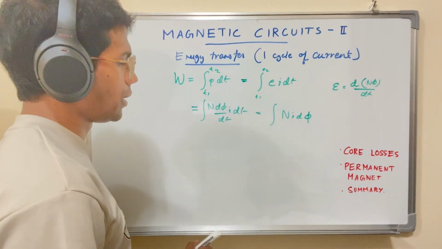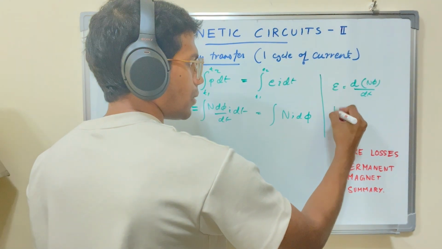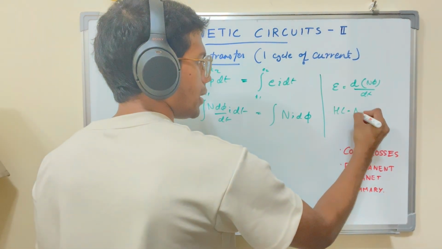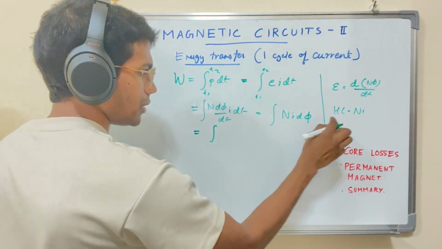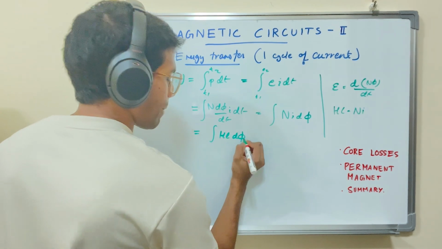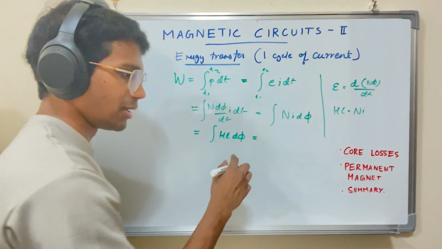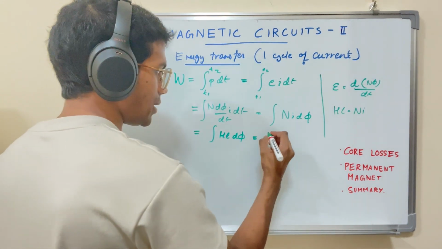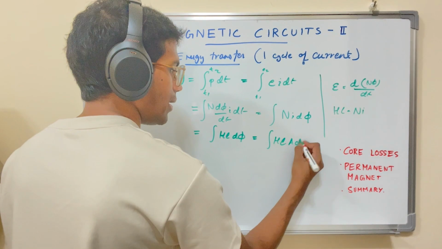So from Ampere's circuital law, we could write down that HL equals Ni. So we could write it down as a direct substitution: HL d phi, and since we know that phi equals BA, where phi is magnetic flux and B is magnetic flux density, we have HL A dB.